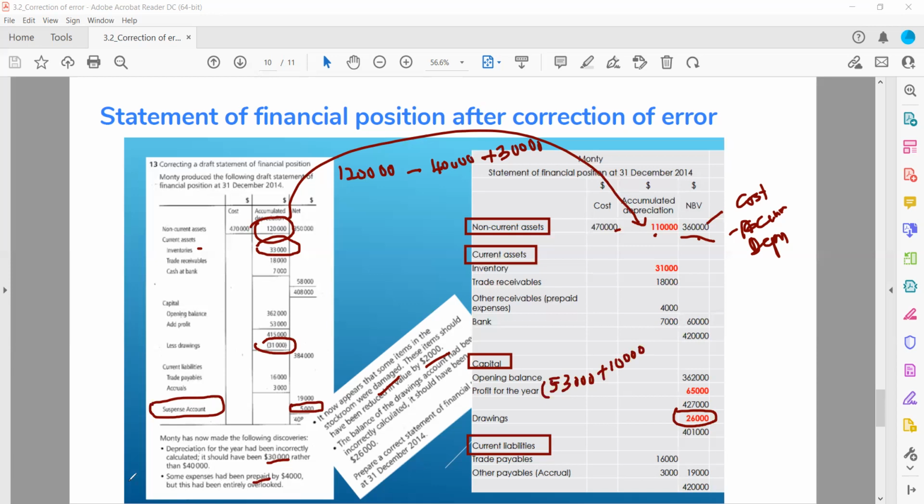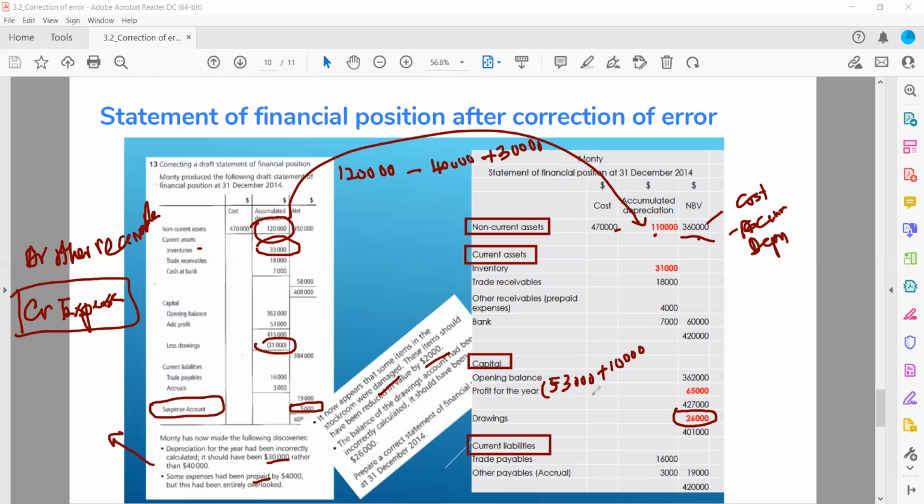For this entry, we should debit other receivable and credit expenses. When we credit expenses, profit will increase because expenses decrease.